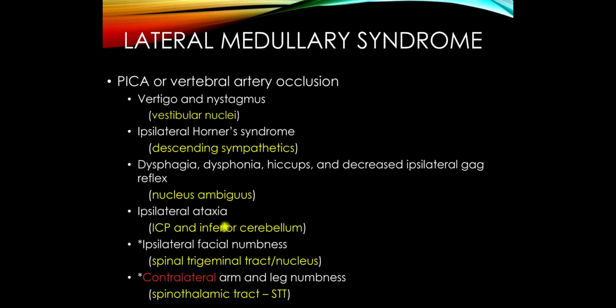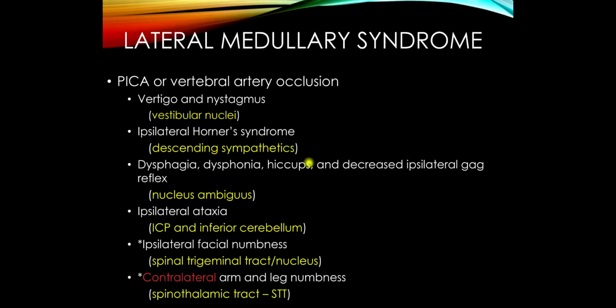But they're going to have contralateral arm and leg loss of pain and temperature, and that is from the spinothalamic tract. And so this is all in the lateral medulla, but it's really hard to label. The spinothalamic tract is about out in this location here. So they're going to have contralateral loss of pain and temperature in the arm and leg.